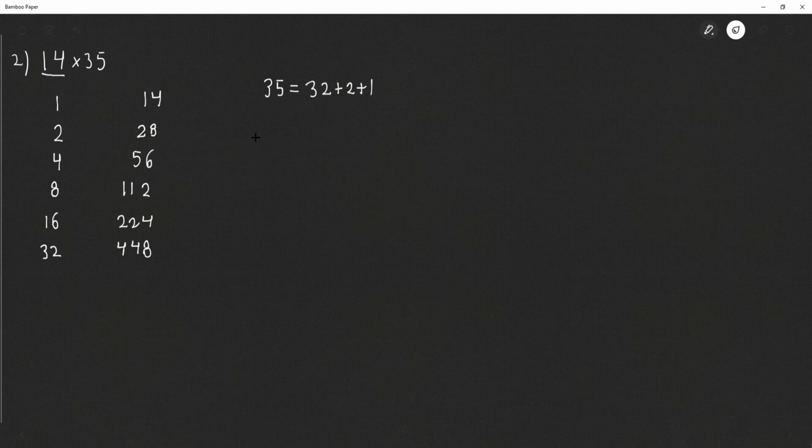So again, we just want to plug in our values, which is going to be our 448 plus 28 plus 14, giving us our final value of 490, meaning that 14 times 35 is going to be equal to 490.